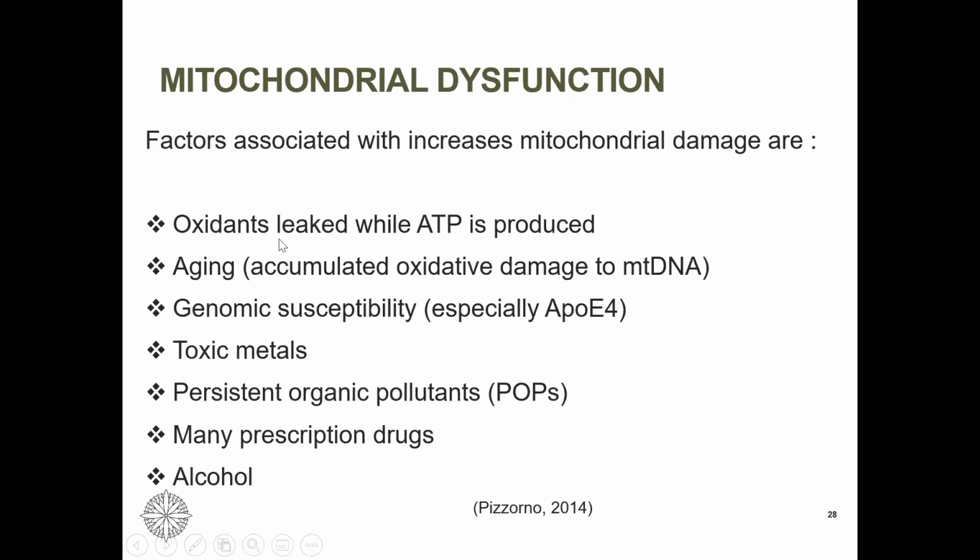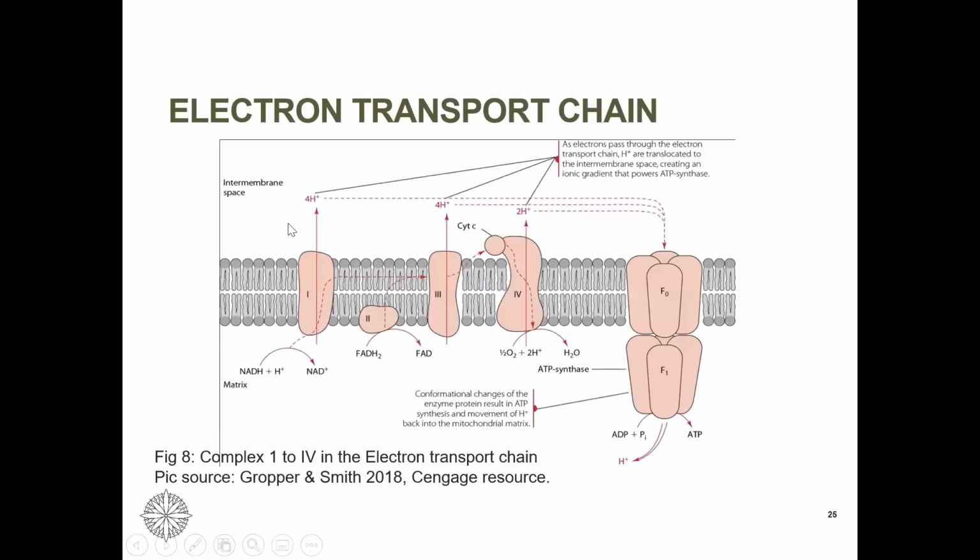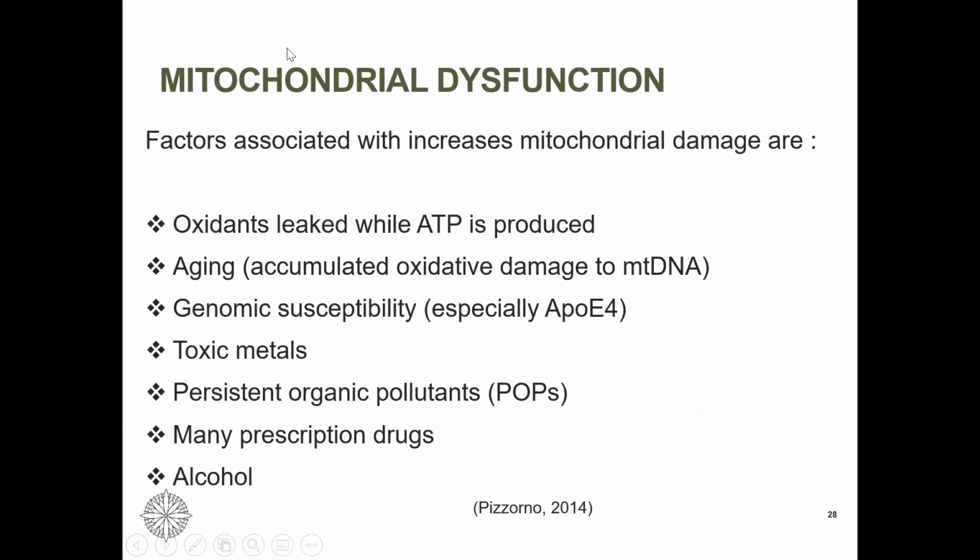I would also like you to recall, when we were studying oxidation in session 9, we commented that we are producing maximum free radicals in this chain. So if we don't have a balance of endogenous and exogenous antioxidants, then we are potentiating free radical damage to the mitochondrial health. So that could be other factors.